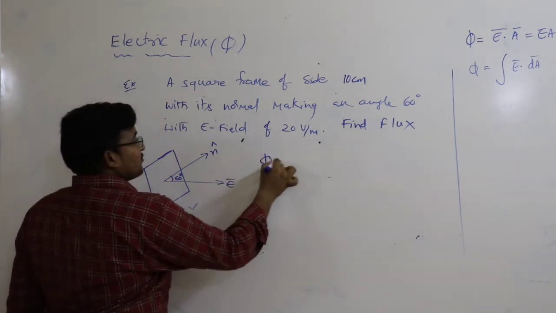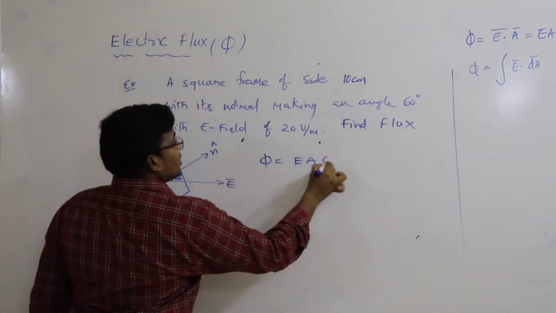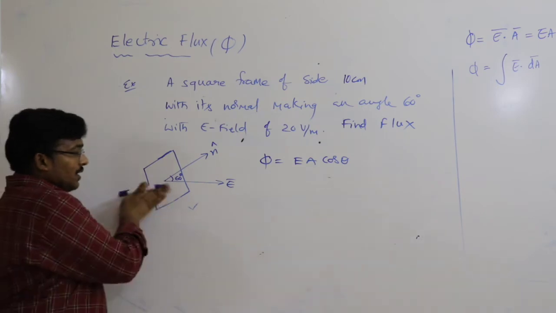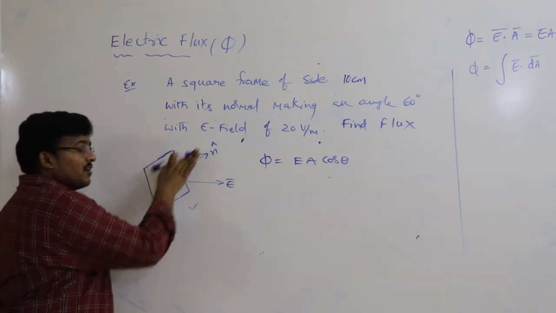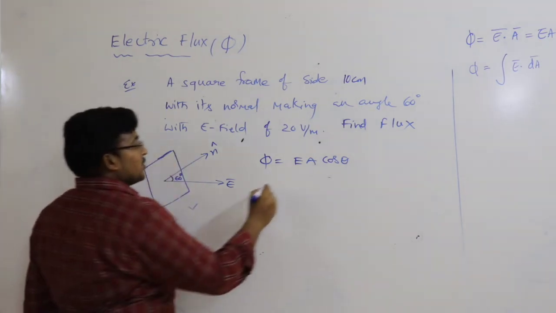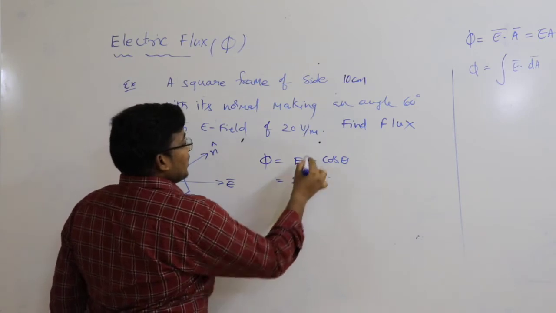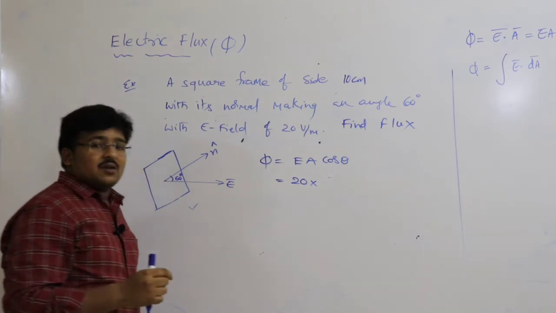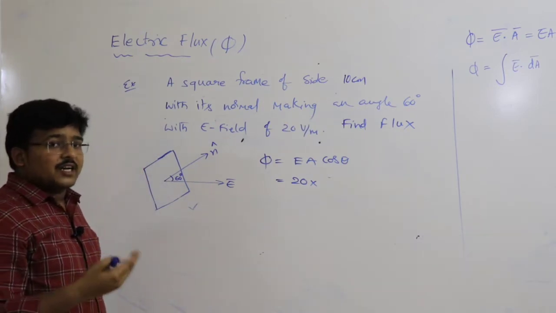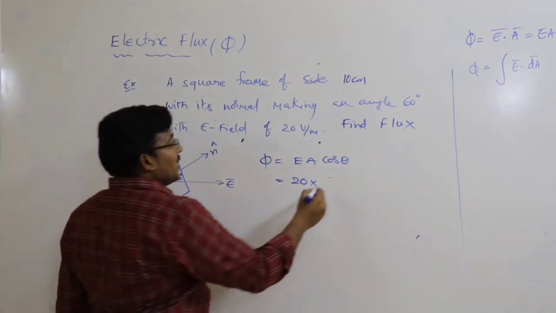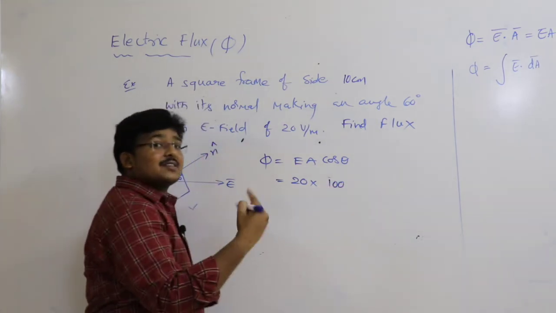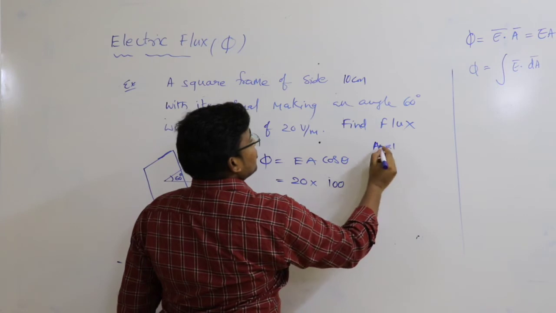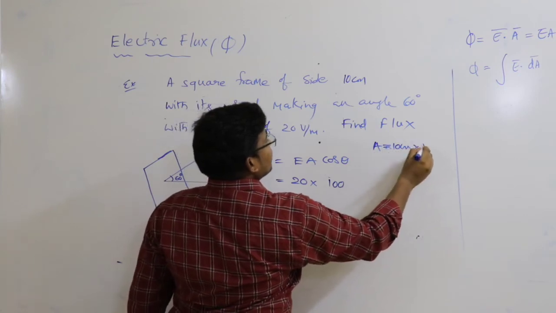As we know, the flux formula is E bar dot A bar, which is equal to EA cos theta. Now the angle between the electric field and area vector is 60 degrees, given. So flux value: 20, area is side squared, 10 centimeters. Side into side is the area, so it will be 100 centimeter square, because area is 10 centimeters into 10 centimeters.